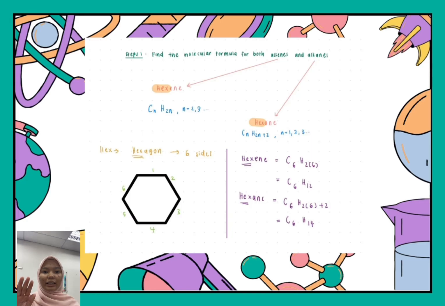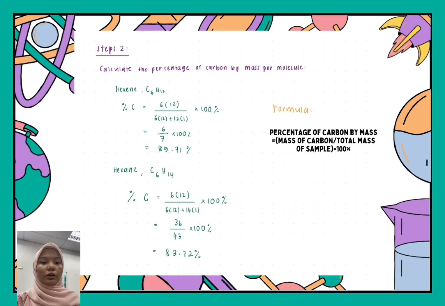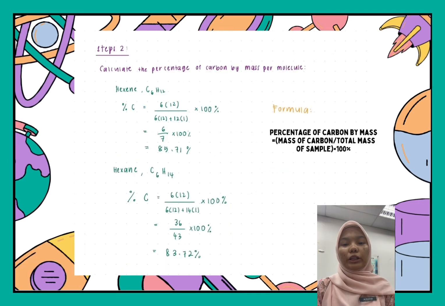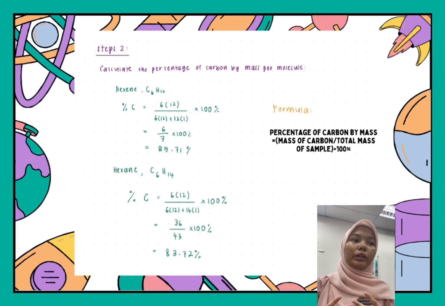So we know hex is 6 sides. We can apply that, which means 6 carbons in the molecule. Hexene's formula is C6H12 and hexane is C6H14.